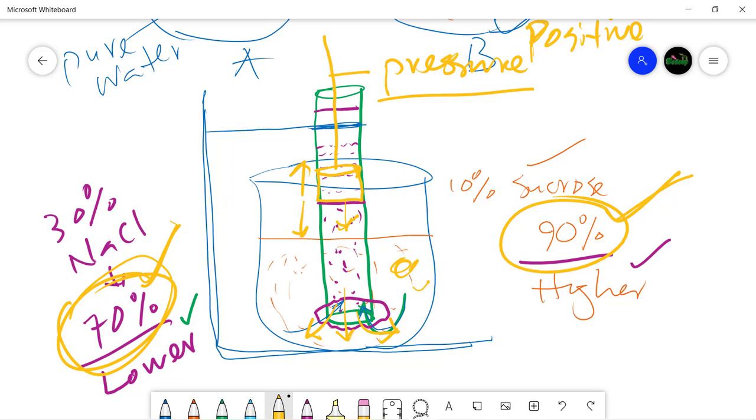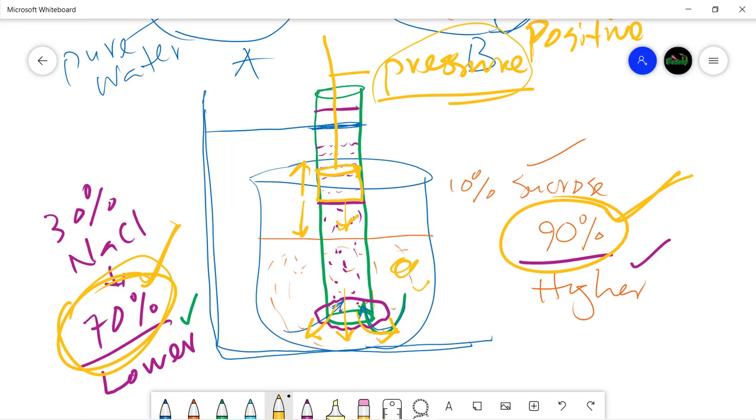That is, its chemical potential has become greater. Now, as far as the amount of solute inside the tube and the beaker is concerned, the number of solute molecules and the number of solvent molecules didn't change. But by simply applying pressure, a positive pressure, that is, providing energy, we have raised the water potential inside the tube.